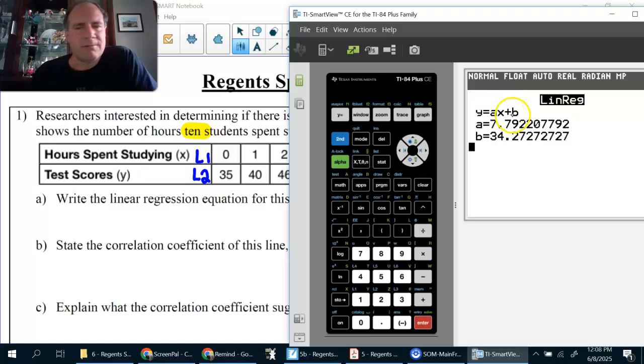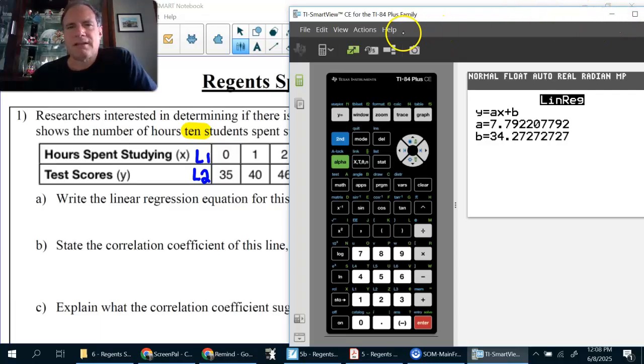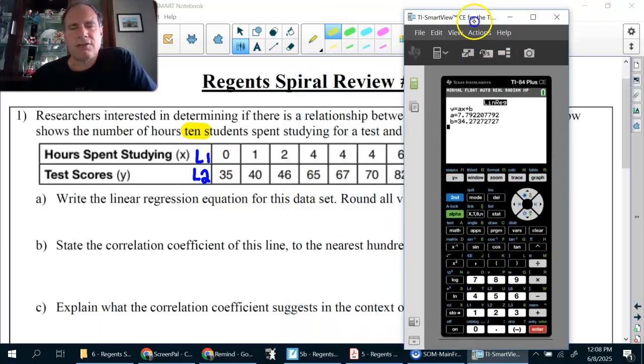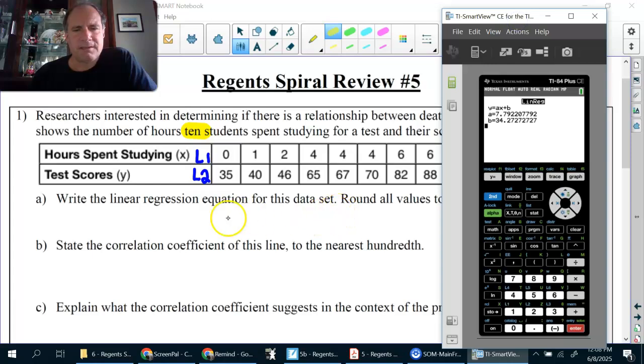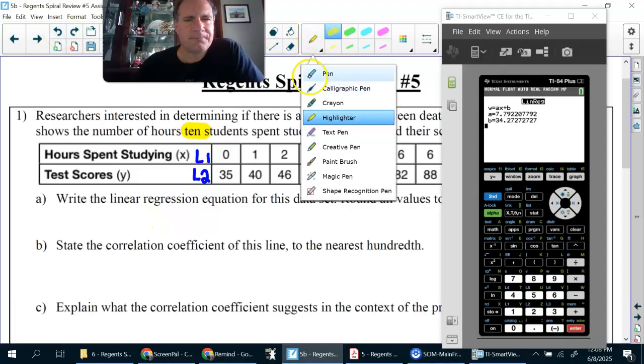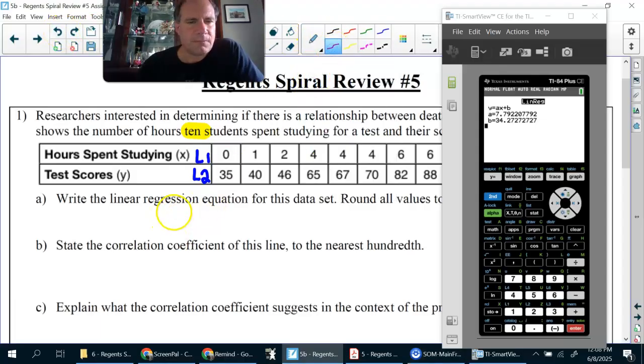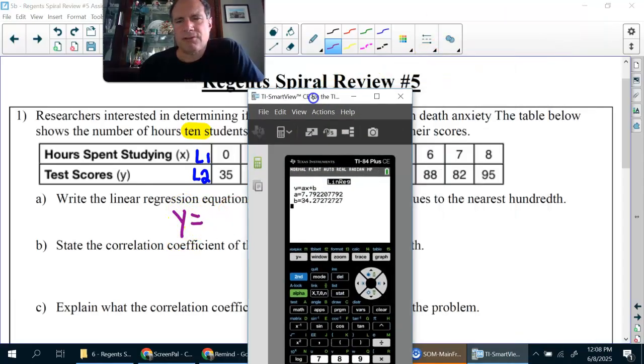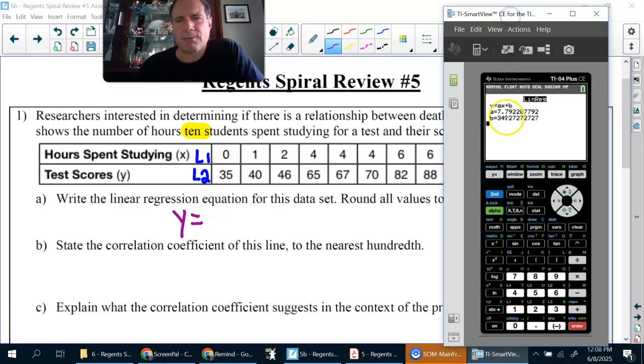The y equals ax plus b is equivalent to y equals mx plus b, the a being the slope, the rate, and the b is the y-intercept. So it says write the linear regression equation for this data set. So we have to put y equals. It says round all the answers to the nearest hundredth, so that's what we're going to do.